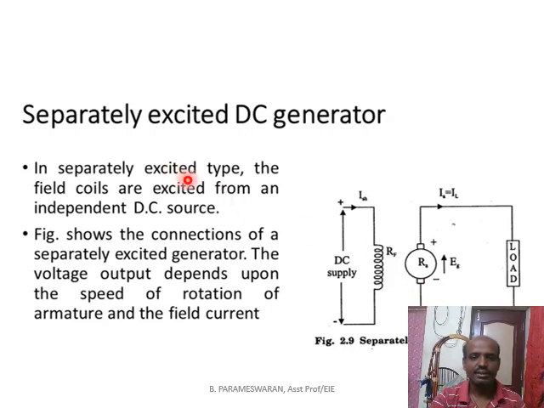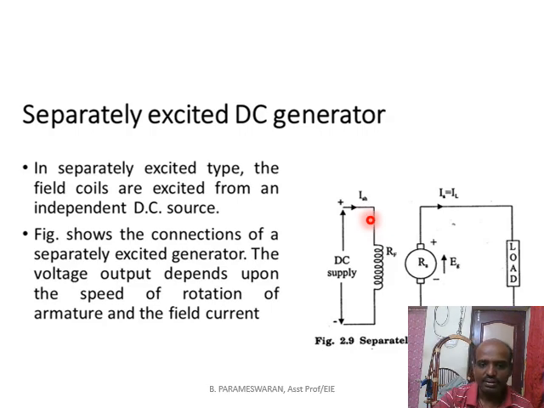Separately excited DC generator is nothing but one where the field coils are excited from an external DC source, which is shown here. This is a field coil. It is excited from the external DC source. This diagram shows how the separately excited generator is connected.